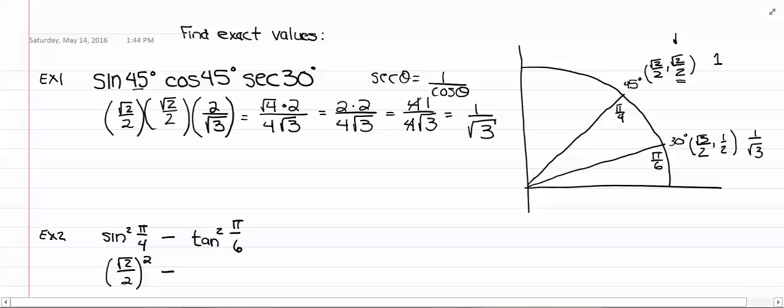Tangent pi over 6. All right, pi over 6, which happens to be 30 degrees, but that doesn't give me the exact value. The exact values are these fractions over here. And off to the side, I've written in what sine divided by cosine is. That's the tangent value. So at 30 degrees, tangent of 30, or tangent of pi over 6, is 1 over radical 3.